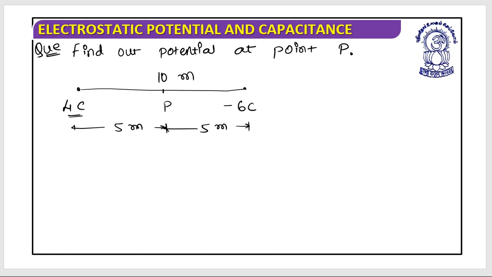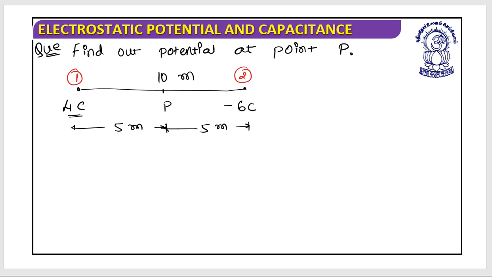What can you do? Here, this is the potential due to multiple charges. So what you need to do is find out the potential due to each individual charge. Let's give them a number. Suppose this is the first charge, this is the second charge.